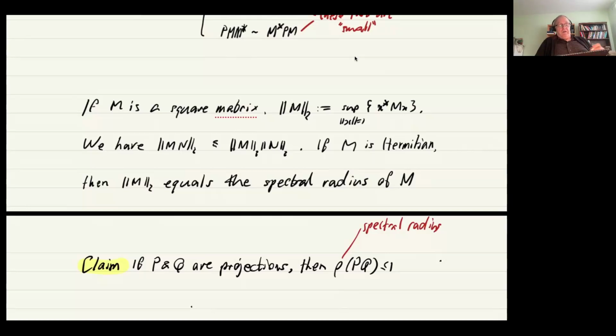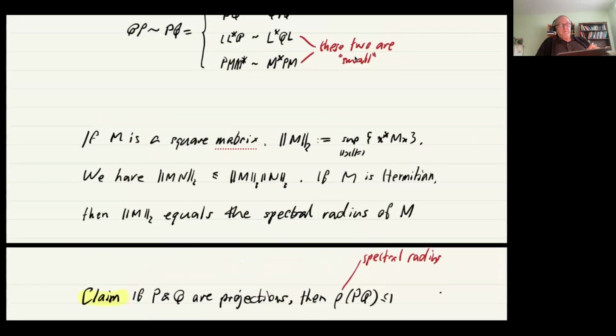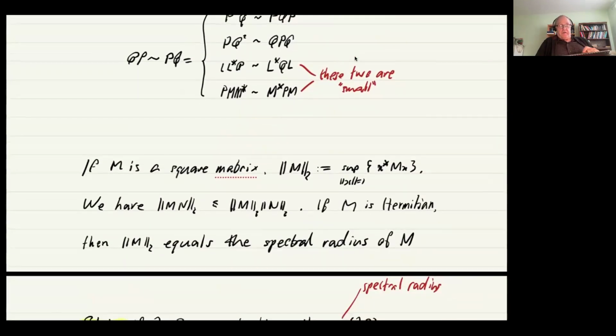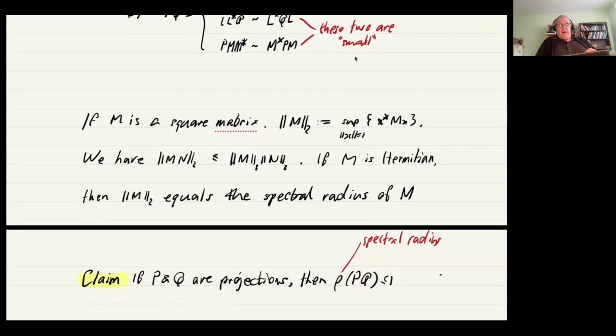And it's a reasonably easy exercise to show, actually, this works for the Frobenius norm too, that the norm of the product is less than or equal to the product of the norms. And so the third fact is if M is Hermitian, then the norm is actually the spectral radius of M, which you can sort of see from this.